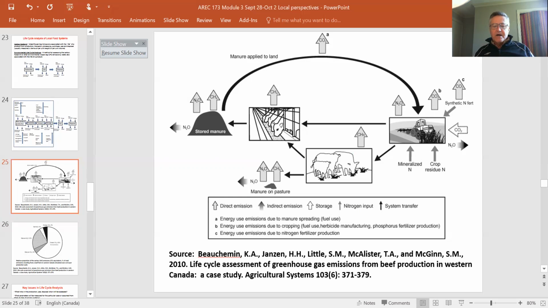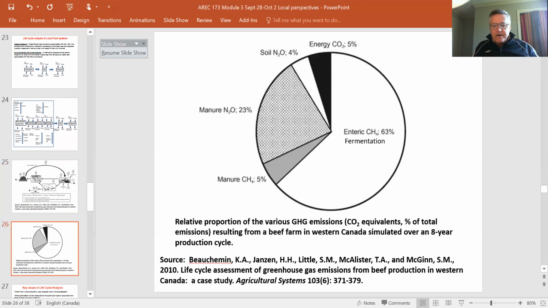As the animal is in the feedlot, it's producing methane and nitrous oxide. Some of that is applied to the land, which works its way back into the farm production system, and sometimes is an emission. So measuring all of that, you can come up with a greenhouse gas footprint for beef, and this is what it looks like.